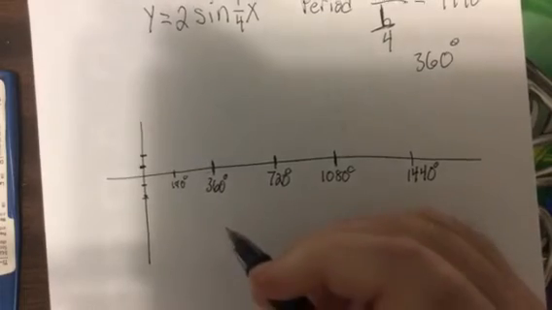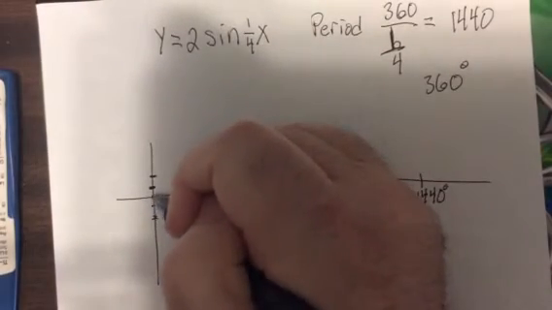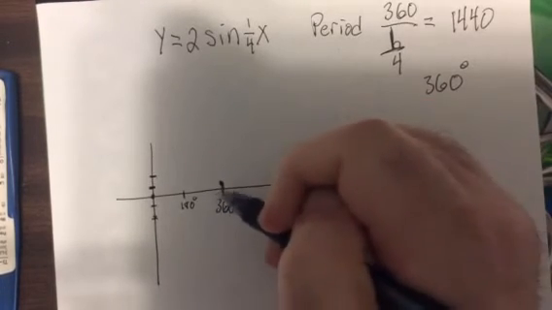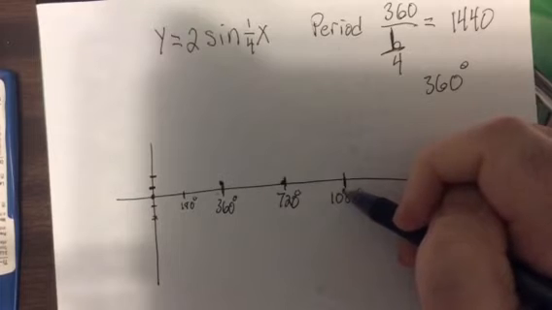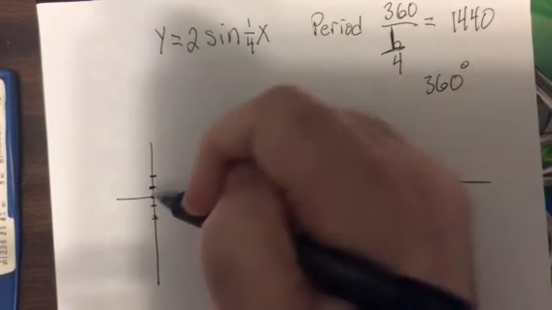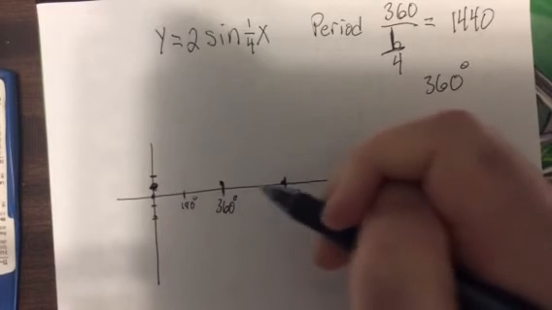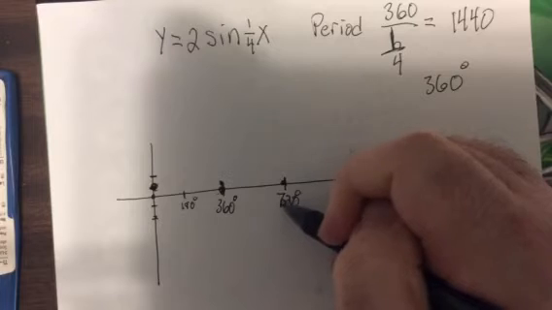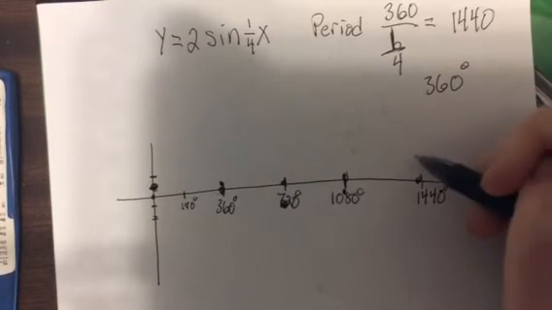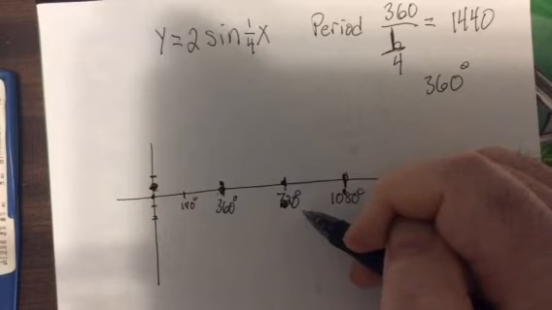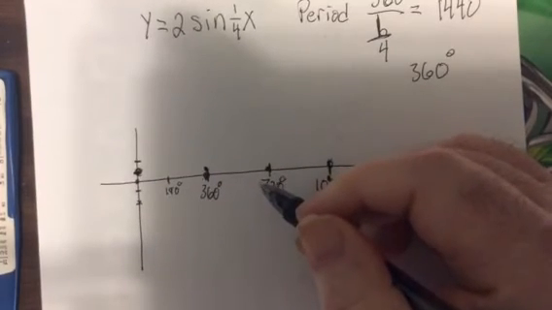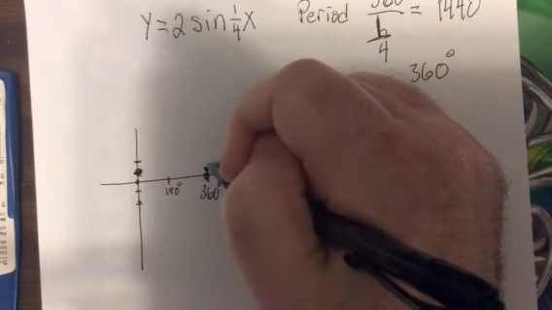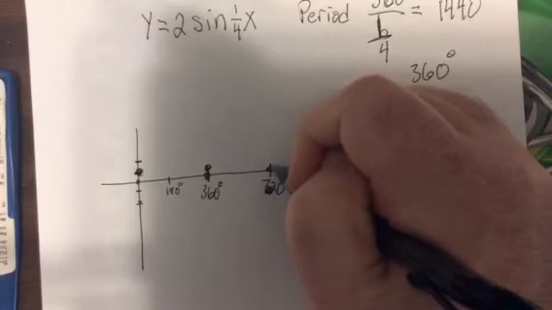Okay, so sine is 0, max 1, 0, a negative 1, back to 0. Oh, I messed up somewhere. This is 1. This is 0.